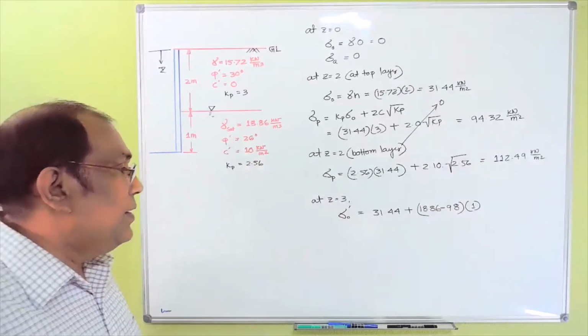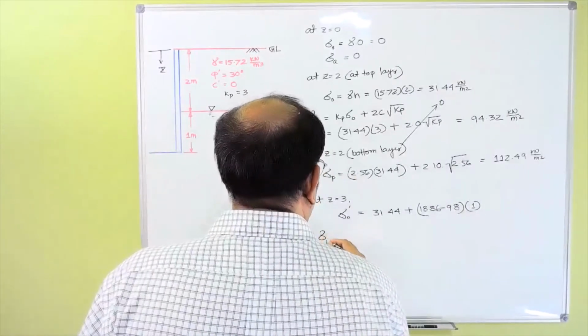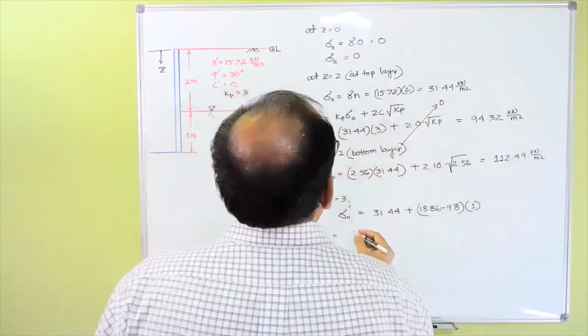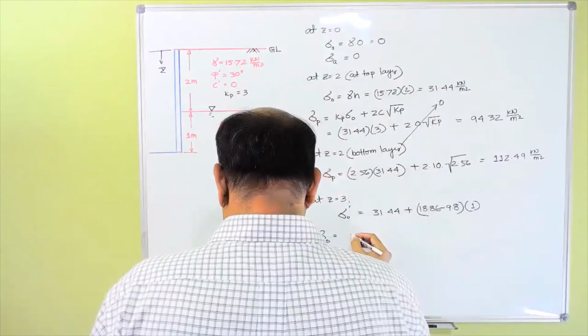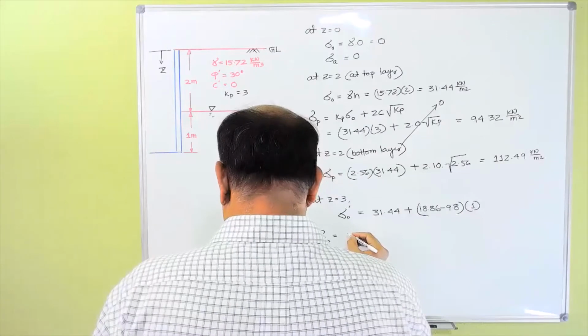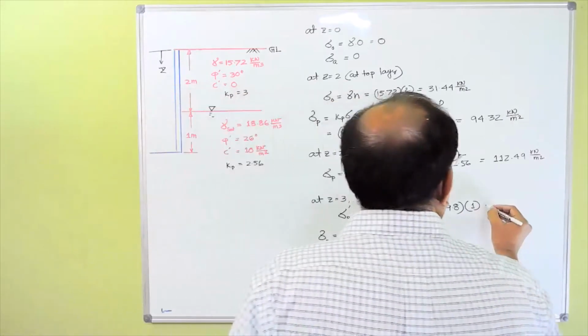So once I try to find out my sigma P here, I have to use this formula here, Kp sigma naught. So Kp, that's actually 40.49. This one is actually 14.49.